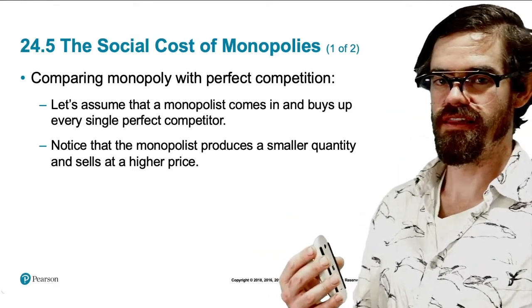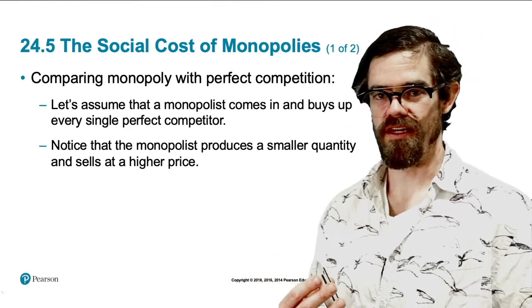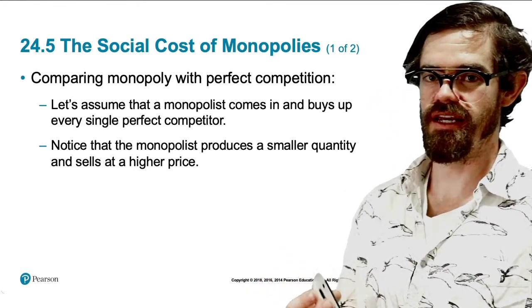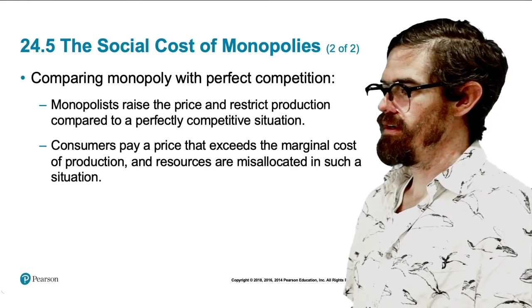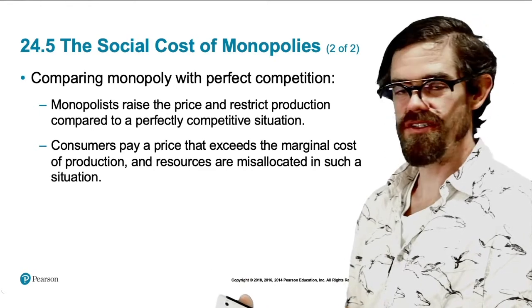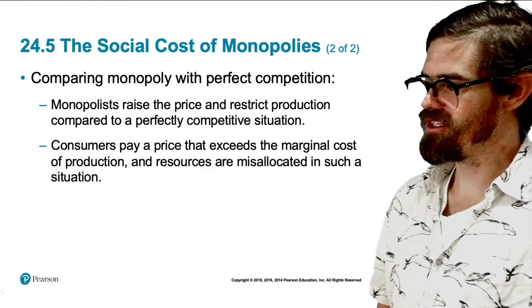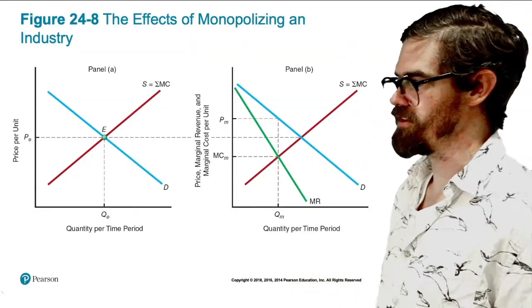So they sell a lower amount than would be the case in perfect competition in order to increase the price and maximize profit. Because of that, consumers will pay a price that exceeds marginal cost of production, and resources are misallocated in such a situation. Okay, so let's see that graphically.